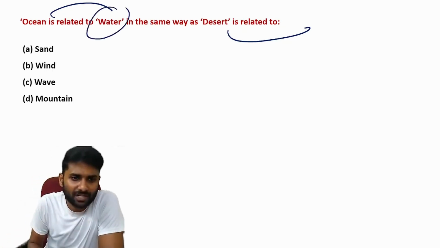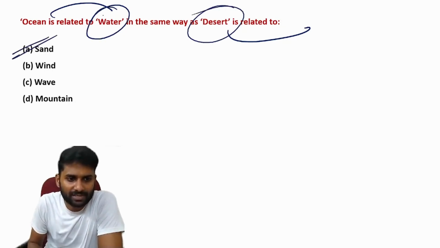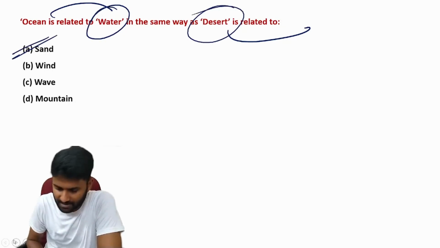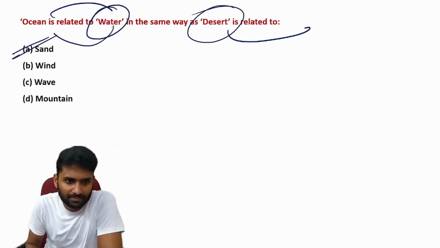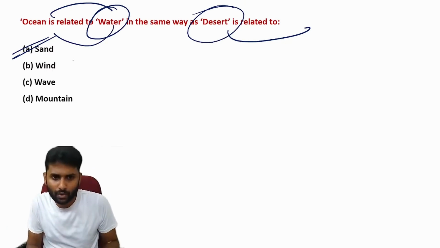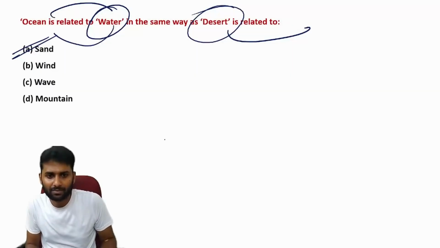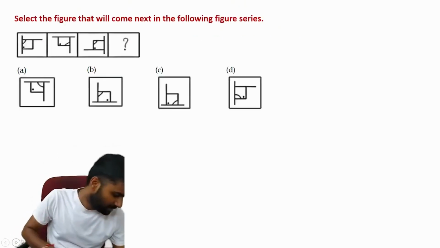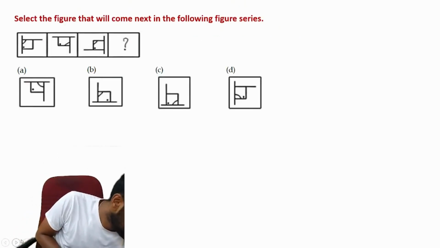Now see here, ocean is related to water, desert is related to sand. That's the relation. If water is available, then we can call it an ocean. If sand is available, then we can call it a desert. That's the relation. Try to solve this question.